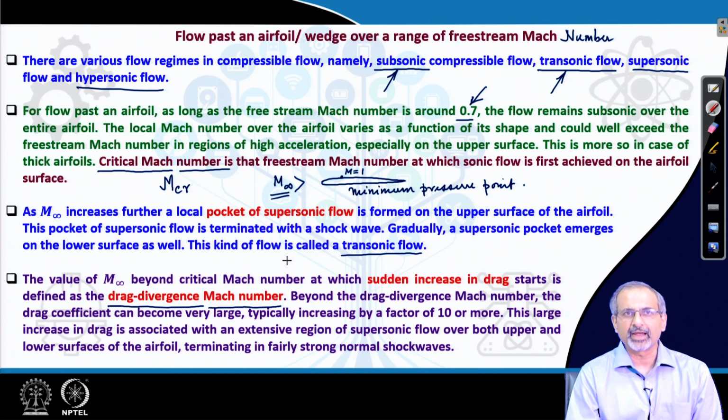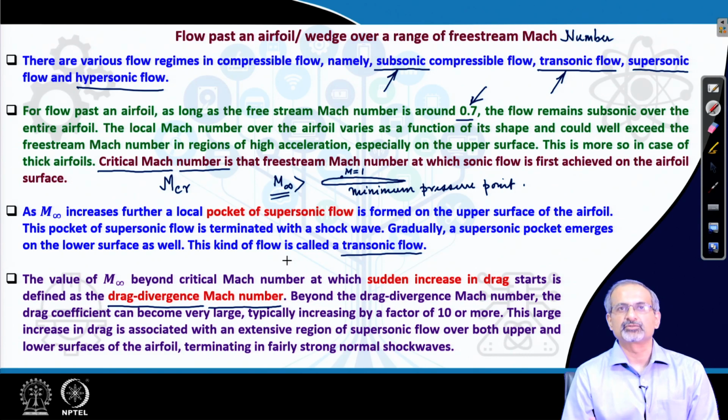This drag is usually associated with both the wave drag aspect as well as additional flow separation, which are caused due to the formation of the normal shock waves at the end of those pockets of supersonic flow.